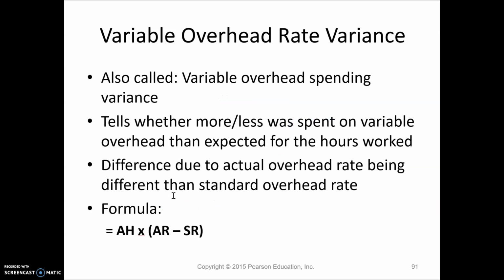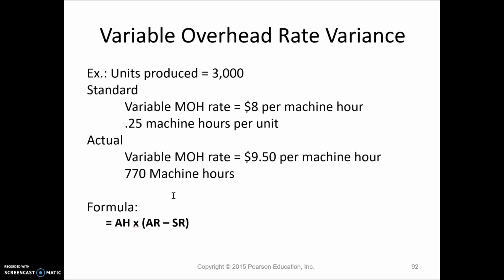So, to find out how much of that variance is due to us having a different overhead rate than the standard, and we can see the overhead rate variance might also be called the overhead spending variance. So we calculate that by taking the actual hours times the difference between the actual rate and the standard rate. So our actual hours are 770. The actual rate worked out to be 9.50.